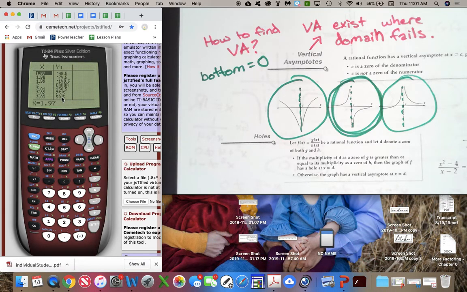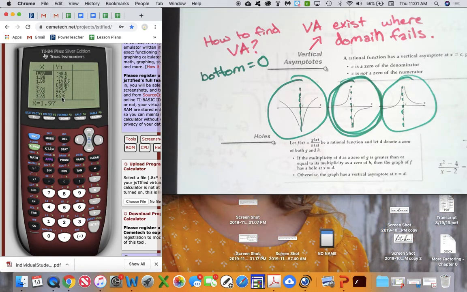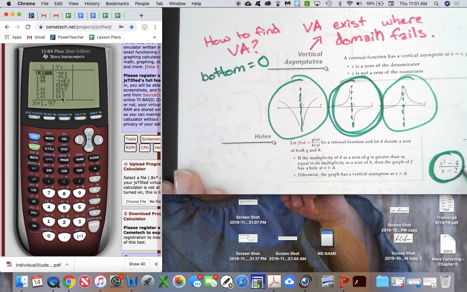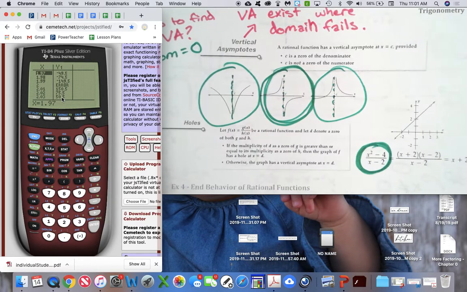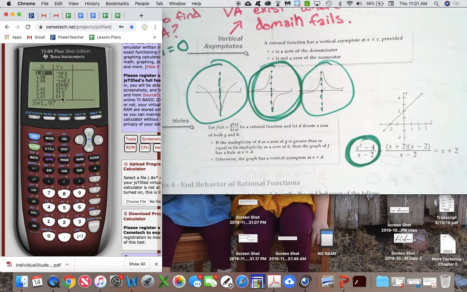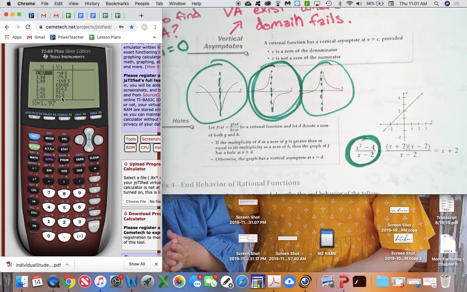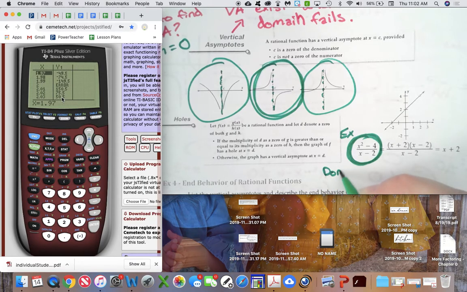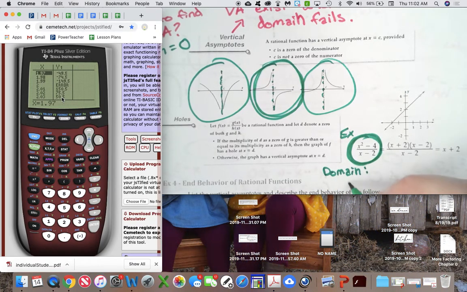All right. Now, let me give you this scenario right here. Let's look at this example and then we'll stop. X squared minus 4 all over x minus 2. This is my example. So if we're checking domain, we would say x minus 2 cannot be 0, right?